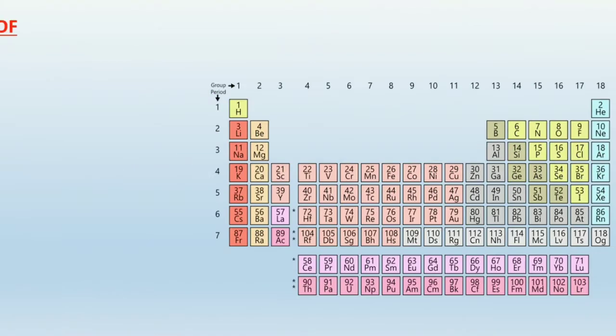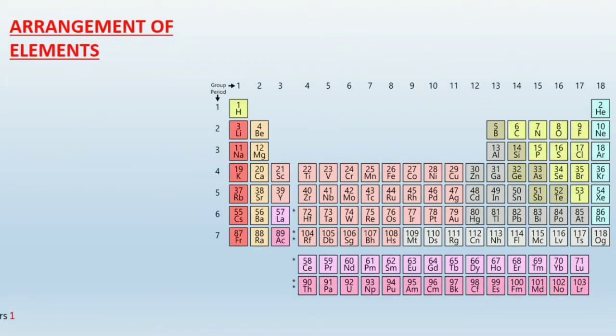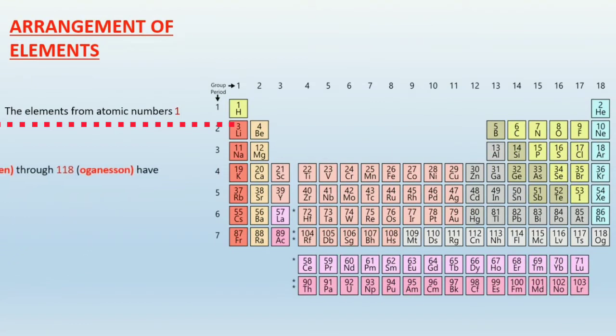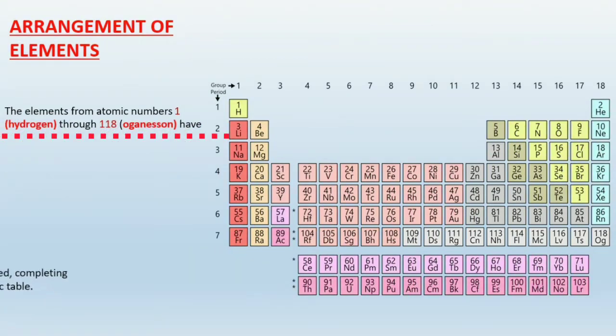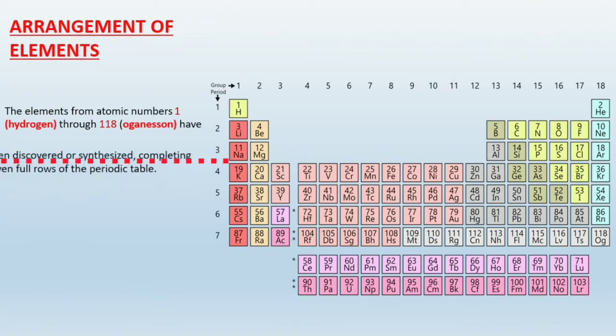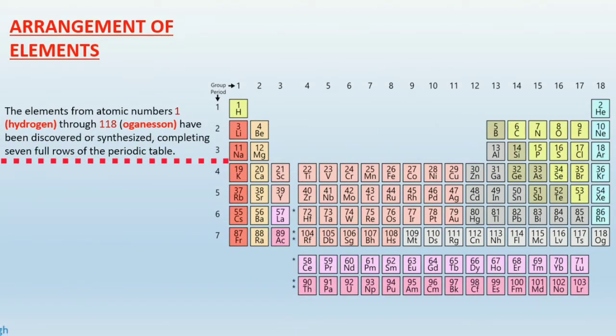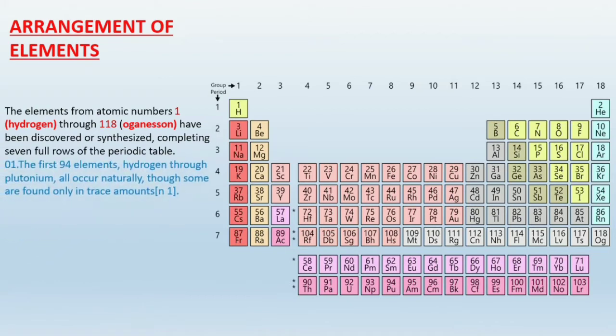So coming to the arrangement of elements. The elements from atomic number 1, hydrogen, through oganesson have been discovered or synthesized, completing 7 full rows of the periodic table. The first 94 elements, hydrogen through plutonium, all occur naturally, though some are found only in trace amounts.